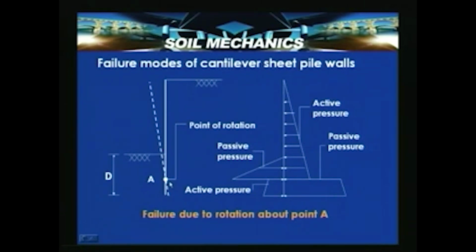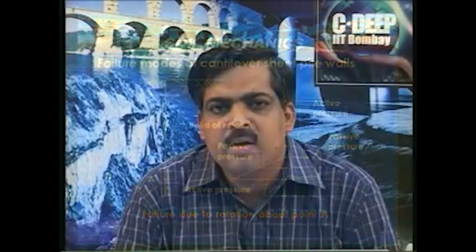So when we draw the pressures using the fundamentals discussed, Rankine's conditions are assumed to be valid, and Rankine's coefficients are used for calculating the coefficient of active pressure or coefficient of passive pressure.